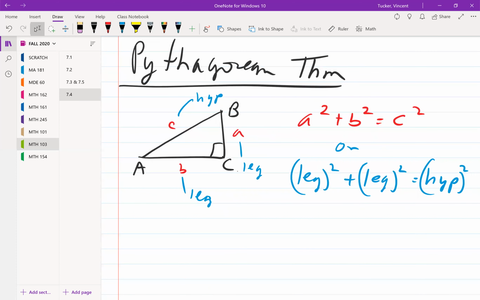All right, so your Pythagorean theorem, a few things about it: it's only used for right triangles.